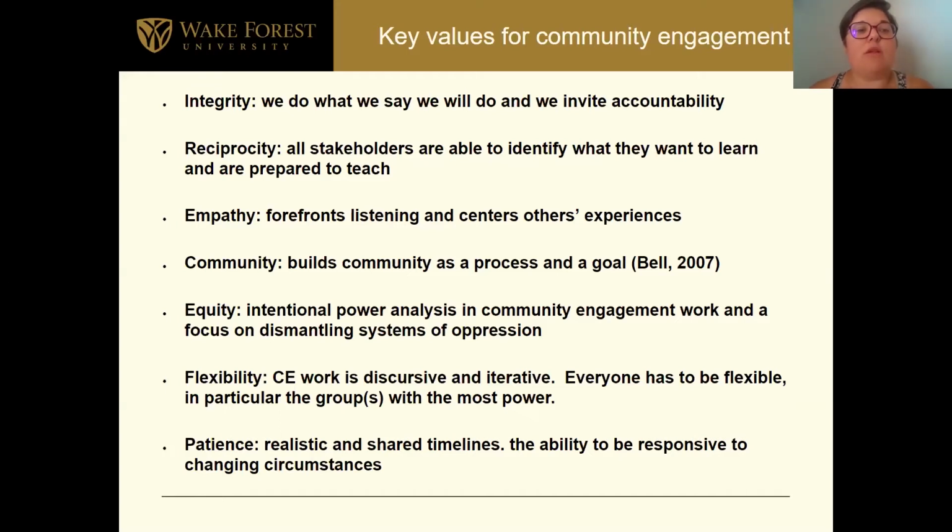So I include community, which may seem a little redundant, but that's intentional, because just because we have a goal of community doesn't mean we're doing it in the pursuit of that goal. When we think about community building in our office, and particularly in the relationship building work we do with community partners, we think about community as both a process and a goal, which is borrowing from Leanne Bell's definition of social justice as both a process and a goal.